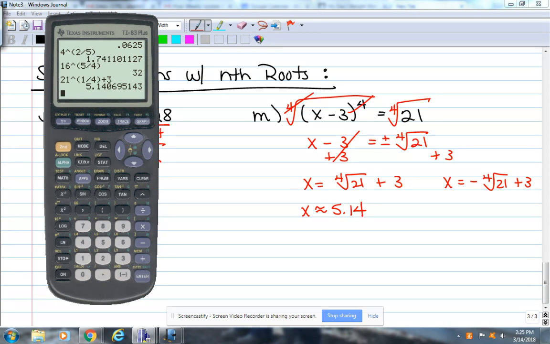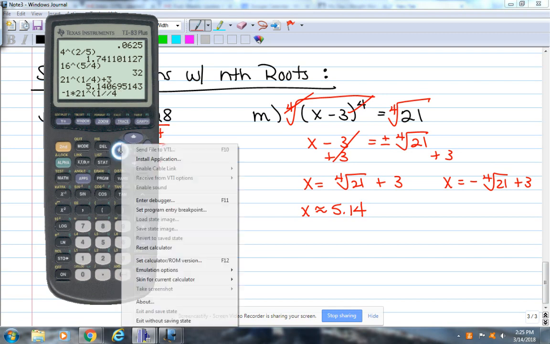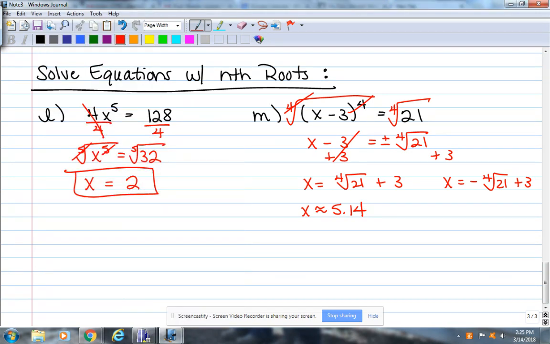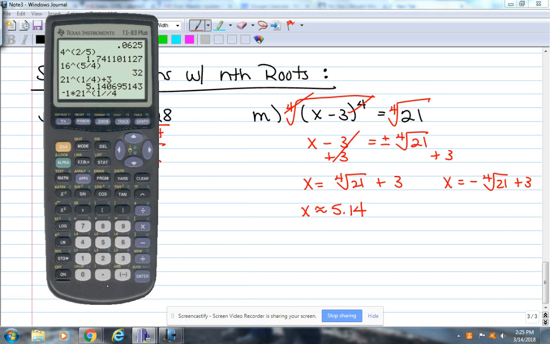What I need to do is say -1 times 21 raised to the 1/4 power. Because if I put the negative on the 21, I typed that in wrong, didn't I? If I put the negative on the 21, it's going to change it to a positive, and I don't want to do that.